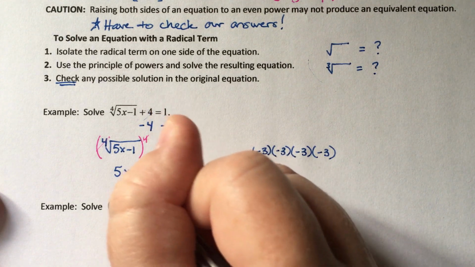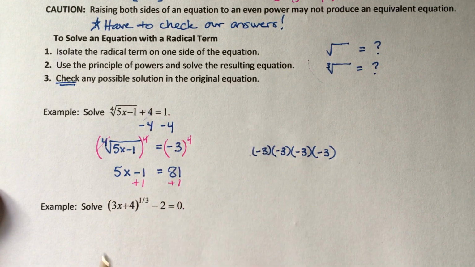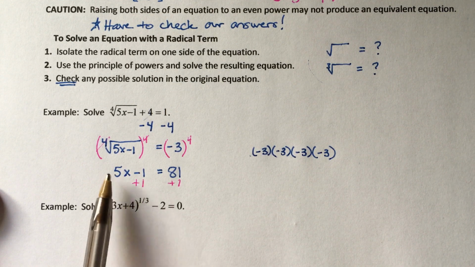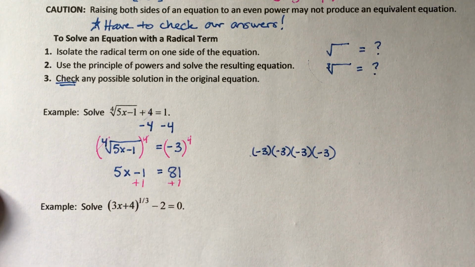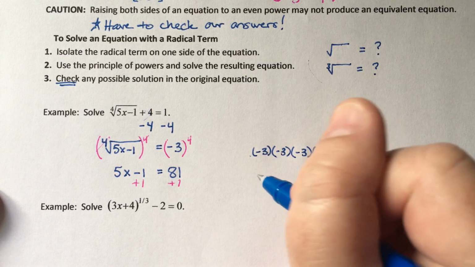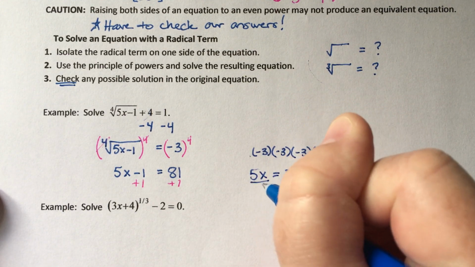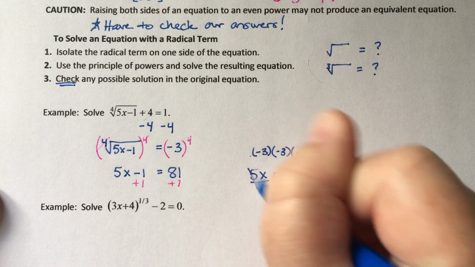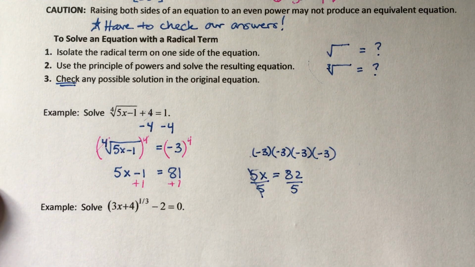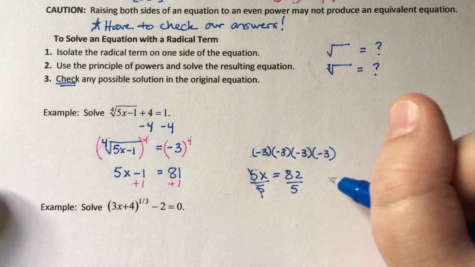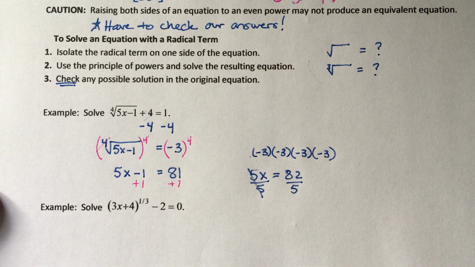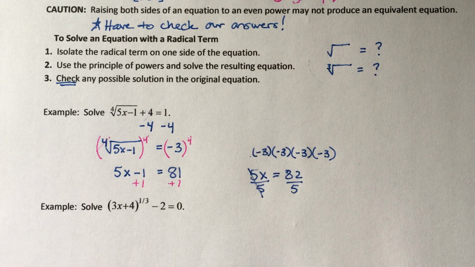All right, almost done. Now it's just a solve for x problem, right? I don't have any square roots or fourth roots in there. I add 1 to both sides. I get 5x equals 82. Divide both sides by 5. 82 divided by 5, we could leave that as a fraction. We could write it as a decimal.